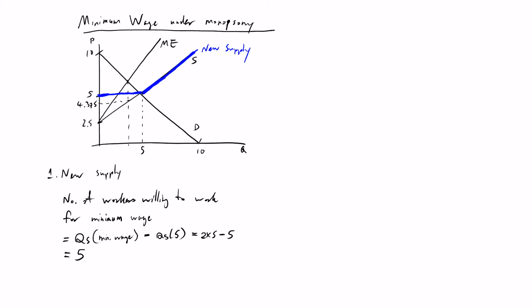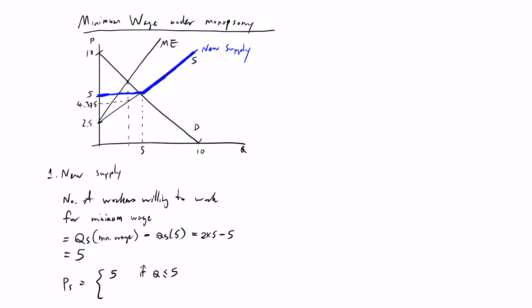And then we're going to express the supply curve this way. First, we know that if you hire fewer than 5 workers, you can always pay the minimum wage, which is $5. So as long as Q is smaller or equal to 5, it's possible to hire them at $5 each.